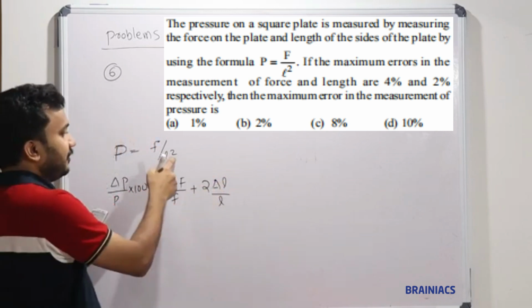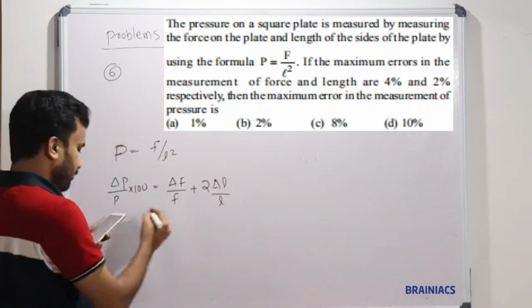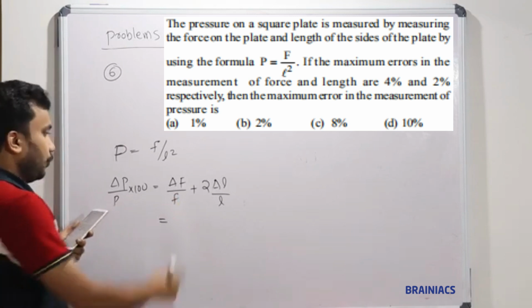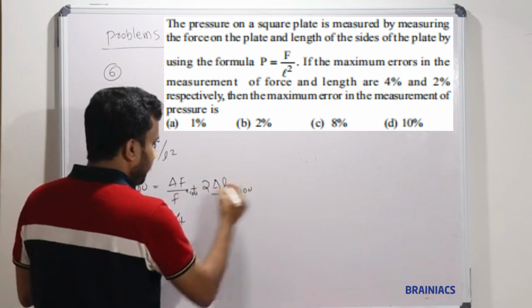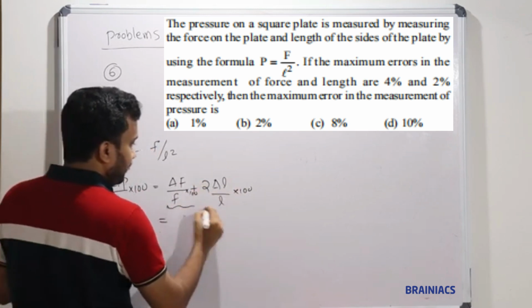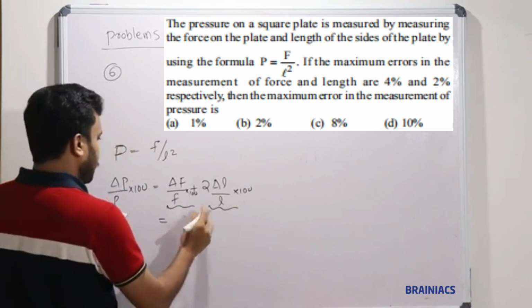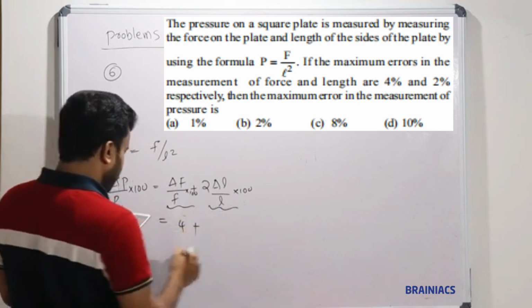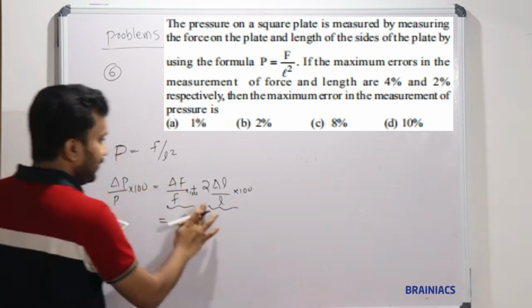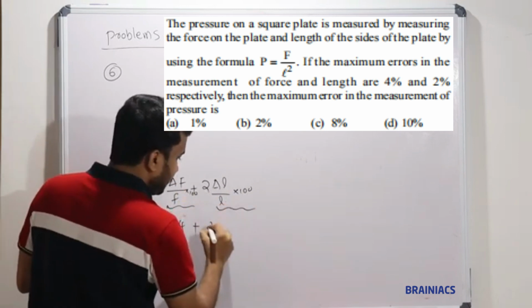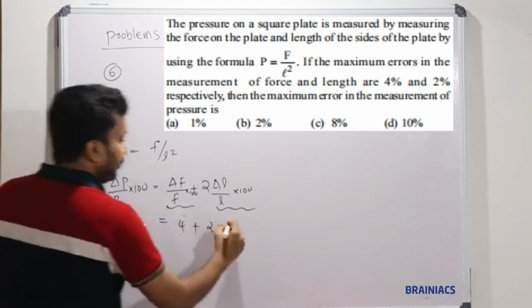Whenever a power comes, it comes as a multiplication. What is the percentage error in the force? 4%. So this is with 100. The total value which is given will be here. This one is 4% plus length, delta L by L into 100. This much factor, so 2 into 2%.